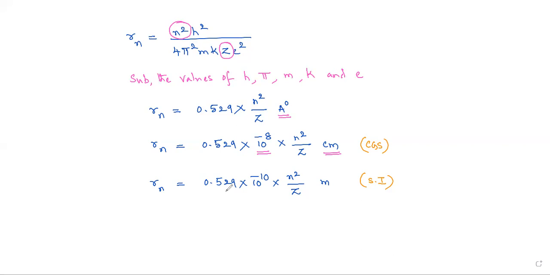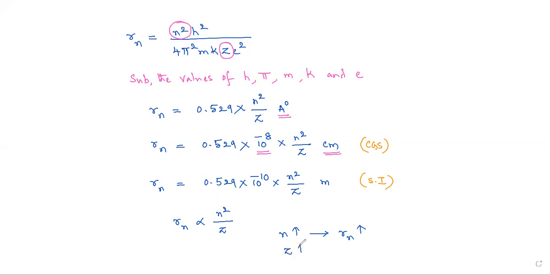Now, leaving behind the constant value, we can even write it as Rn is directly proportional to n square, inversely proportional to Z. Means as the value of n, the principal quantum number, increases, radius of nth orbit increases.